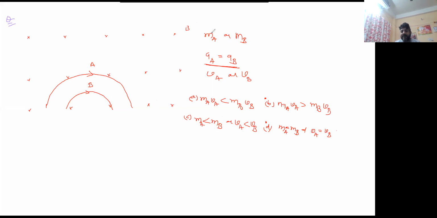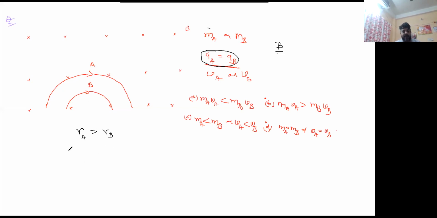Okay, so see how you solve this question. See, first of all, it is very clear that the charge of both the particles is equal and they are in the presence of the same magnetic field. Now the radius of A is greater than the radius of B. It is very clear from the question. Now how do you get the radius?